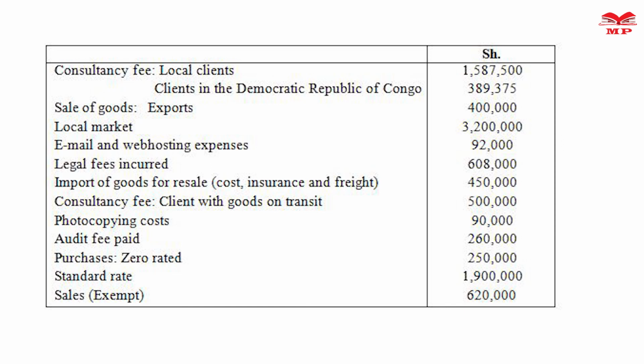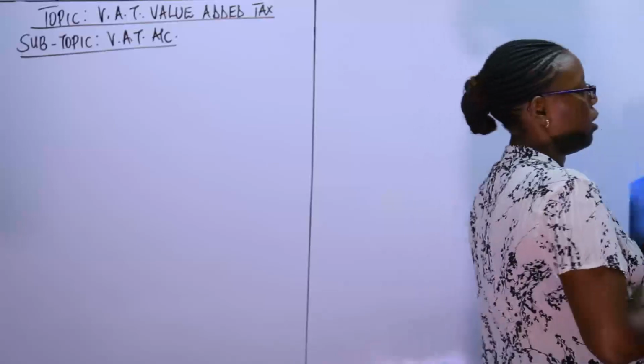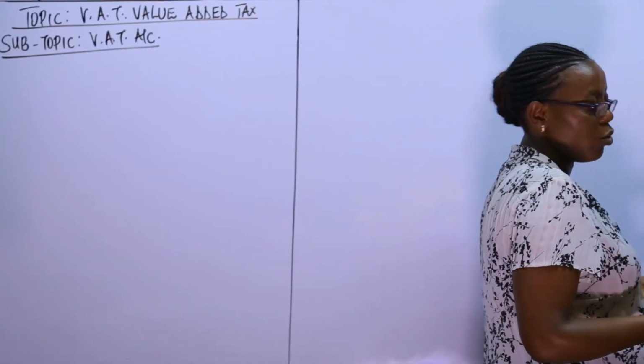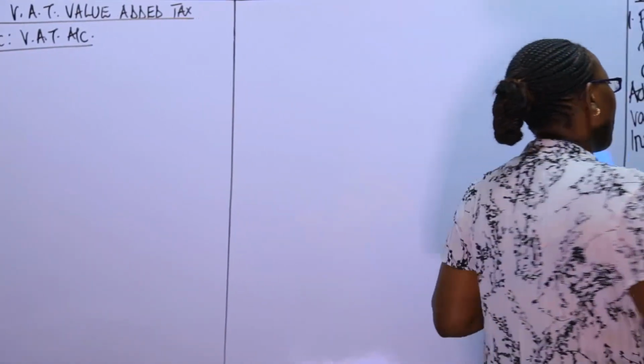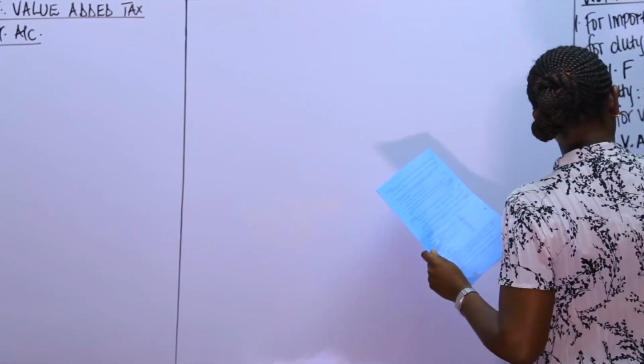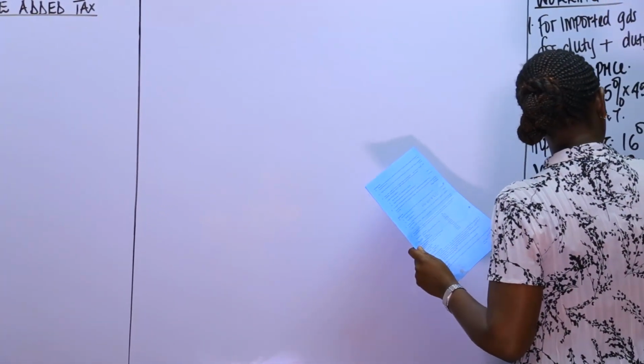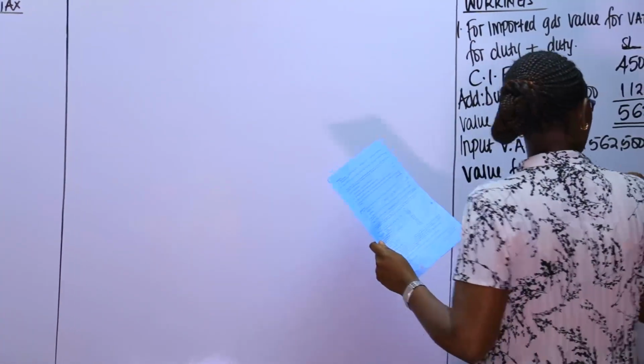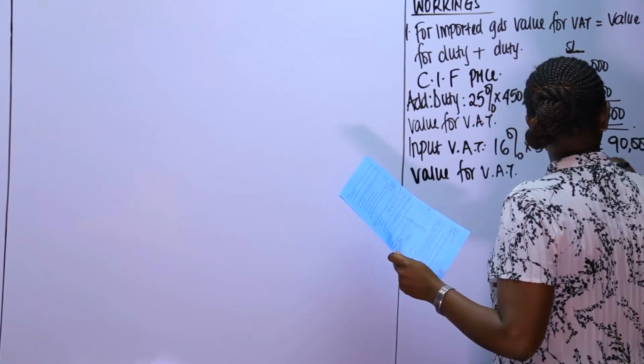Now, on the imported goods, note 1, on the imported goods for resale, John incurred transport cost of 50,000 and repackaging cost of 20,000 before adding a markup of 20% and later selling them as part of export. So we want to continue with this so that you can see how much he's going to have. So value for VAT is 562,500.